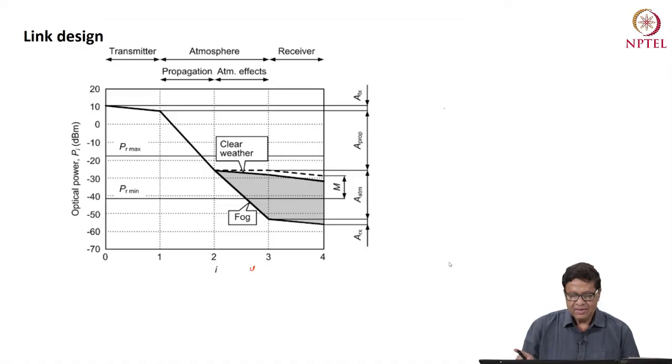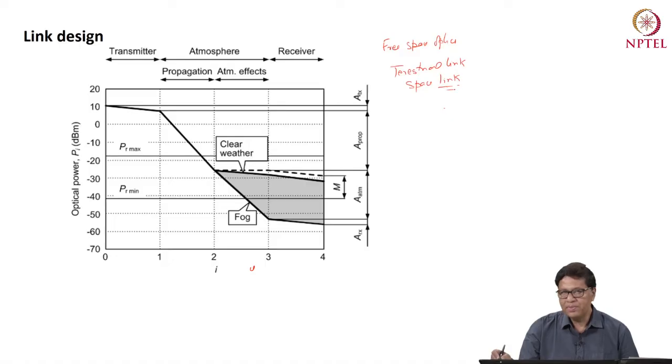Okay, now we will start a link design for free space optics, and we will take 2 examples. One is for a terrestrial link, and the other example we will take for a space link.